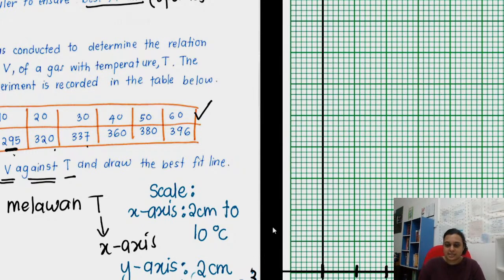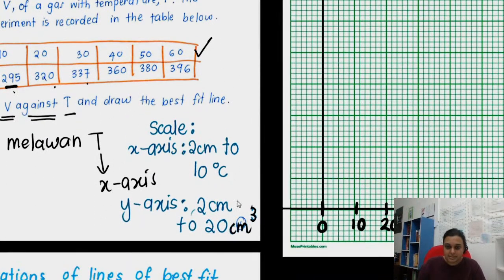So now teacher is going to start from bottom here, daripada bawah sini. Saya akan mula dengan 280. I'm starting from 280. Okay, then here is 300. Okay, sini 320. Sebab everything is 20 cm, right? So you have to do 20, 20, 20 like that.